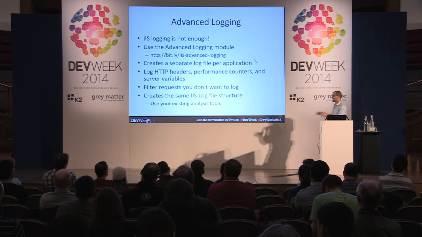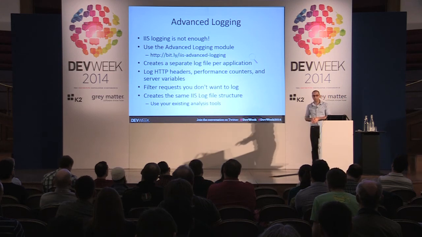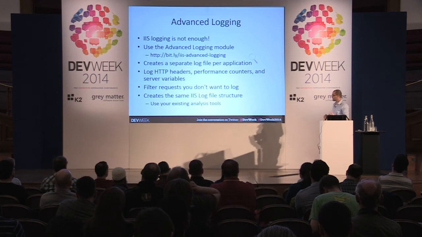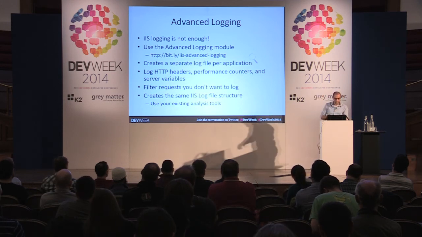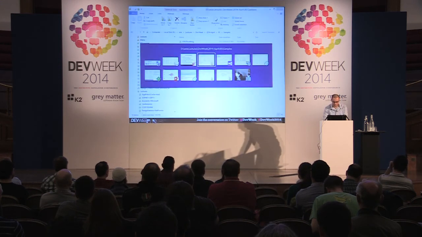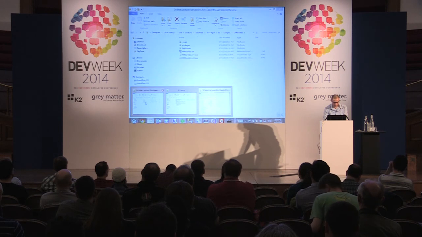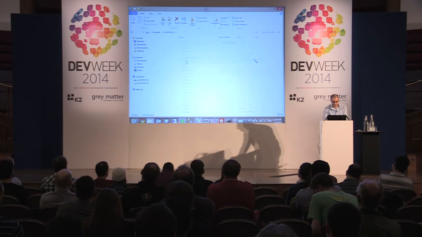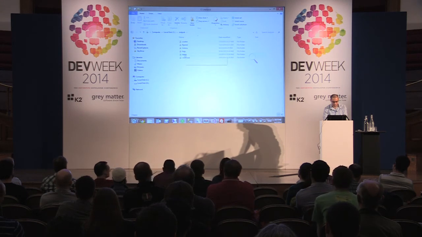So advanced logging is one of the features that you can use in order to actually do something with those IIS logs. For example, do you remember that CPU throttling I showed before? I actually added a log file. I created an advanced log file that logs all the information from my CPU performance counter.